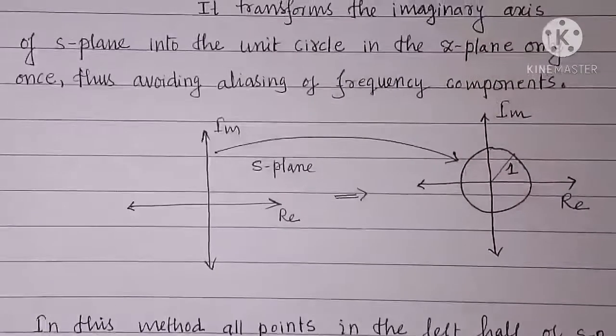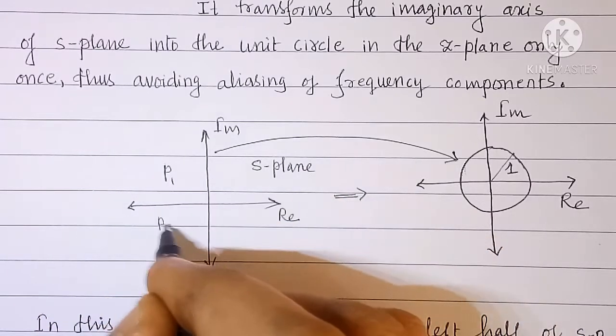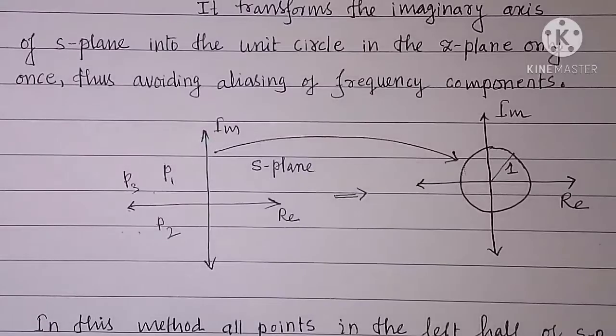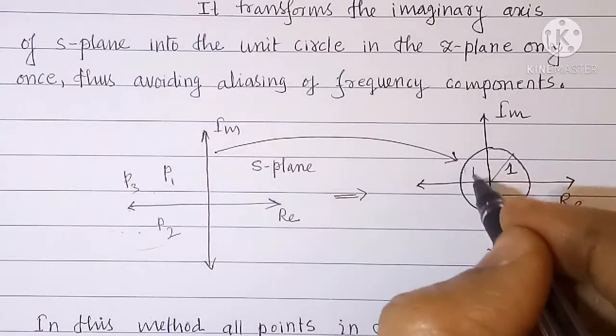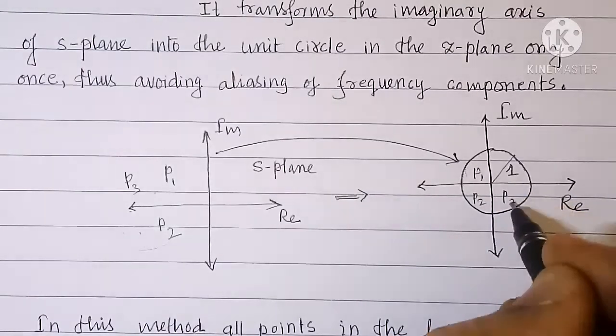That is, if we have any poles here, p1, p2, p3 and so on, these poles will be found inside this unit circle.